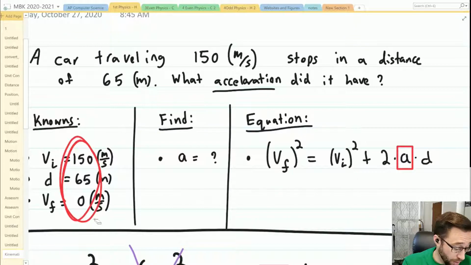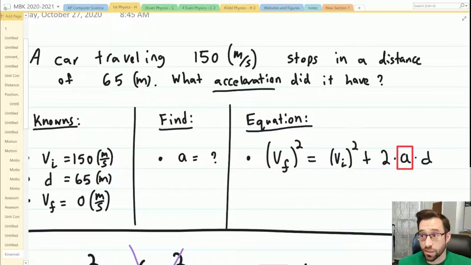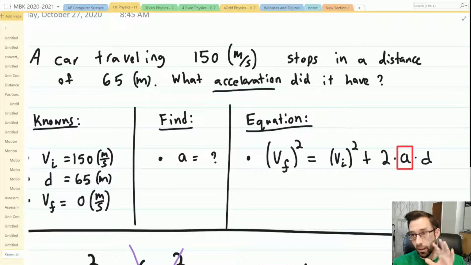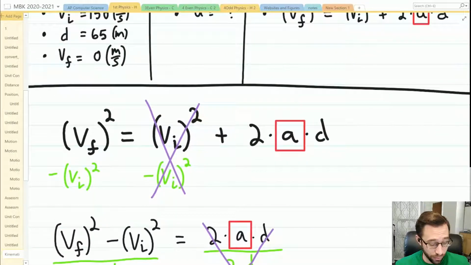So the reason why I don't like telling you guys to do that is because then you'll have a whole bunch of numbers in a weird way, and then it'll be confusing immediately. So if you solved it algebraically first, then you can plug in and then get the numbers. Okay. So let me show you real quick all the things you'd have to do.